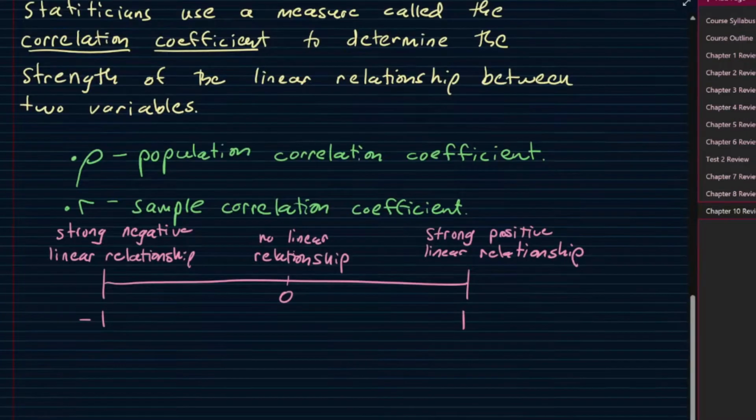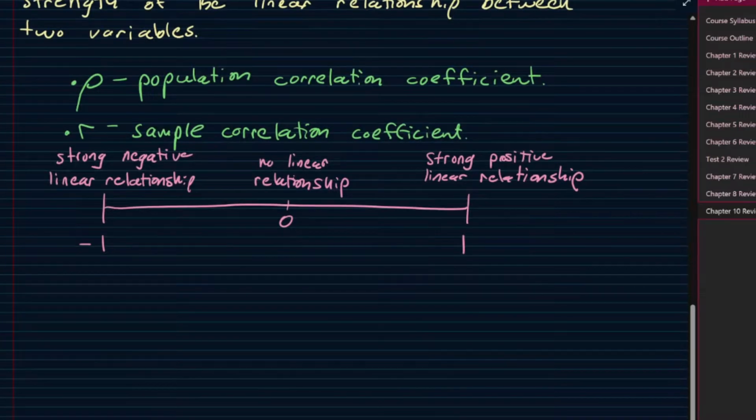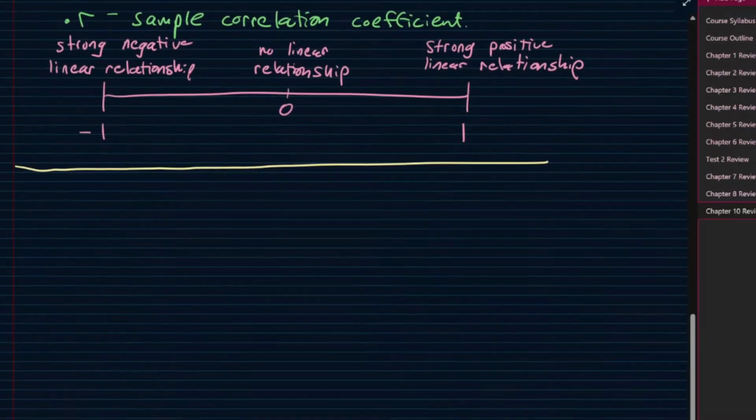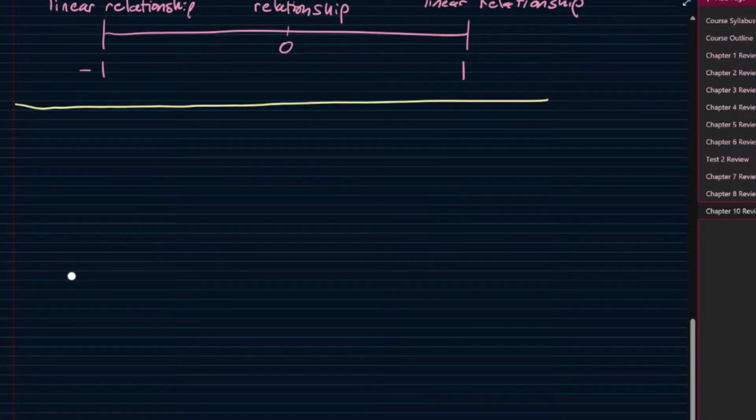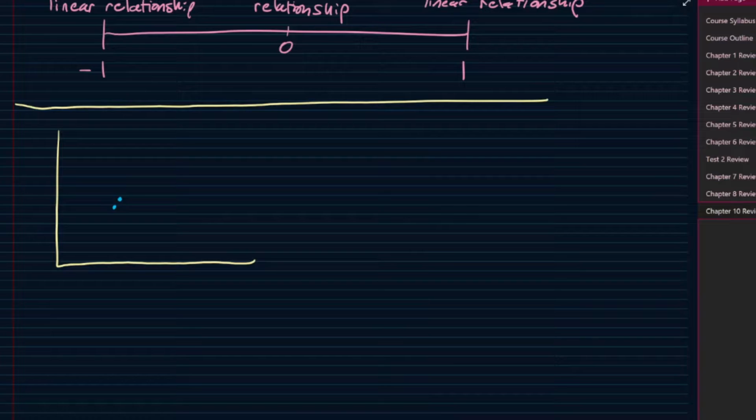Okay, so again, I want to draw a couple pictures here just to help give you an idea of this correlation coefficient value. So I'll have something quite highly related, something like this. They're very, very close together.